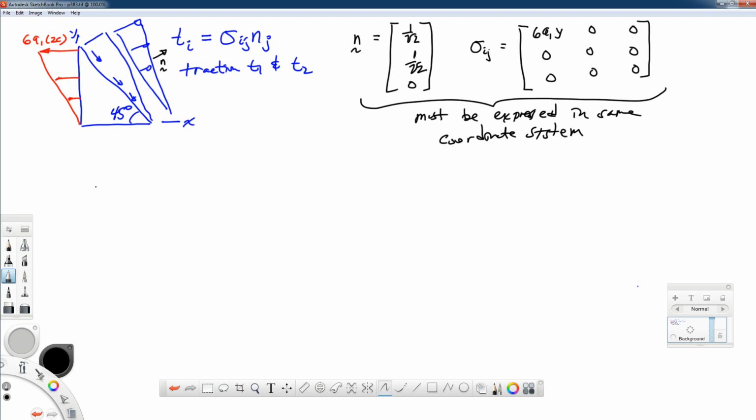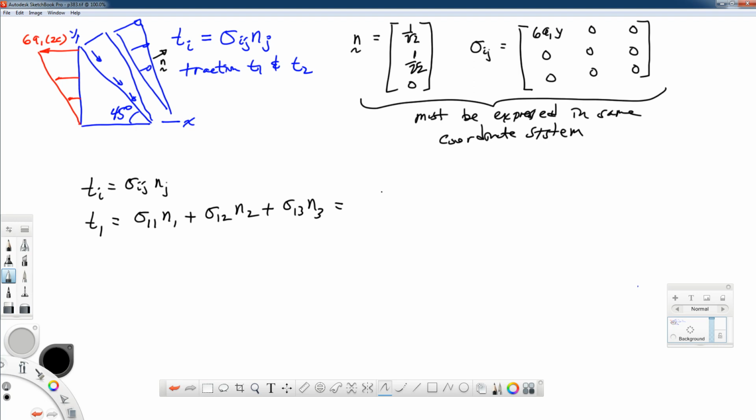All right, so let's compute our tractions. T sub i is equal to sigma ij n j. If I want the traction vector component 1, that would be sigma 1,1 n1 plus sigma 1,2 n2 plus sigma 1,3 n3. That would be the same as taking this vector and multiplying it by this row.